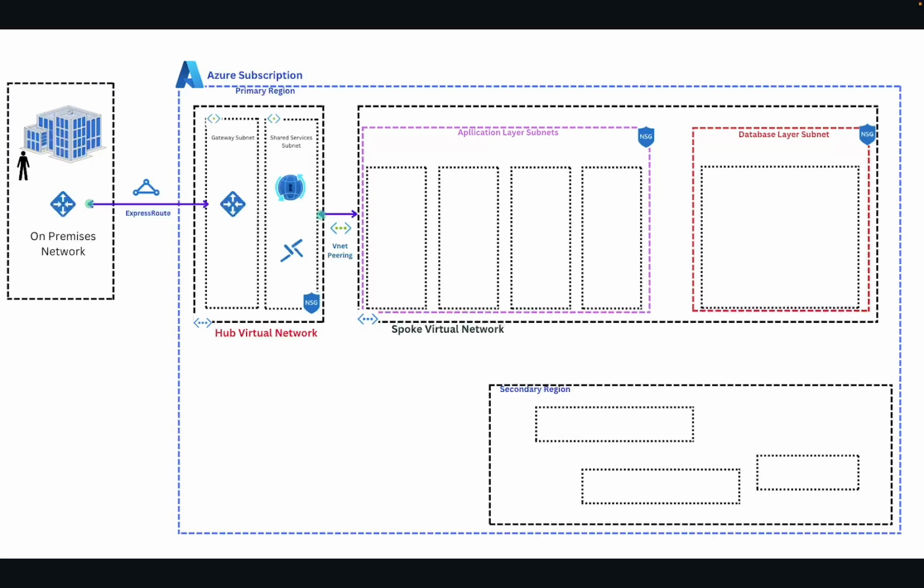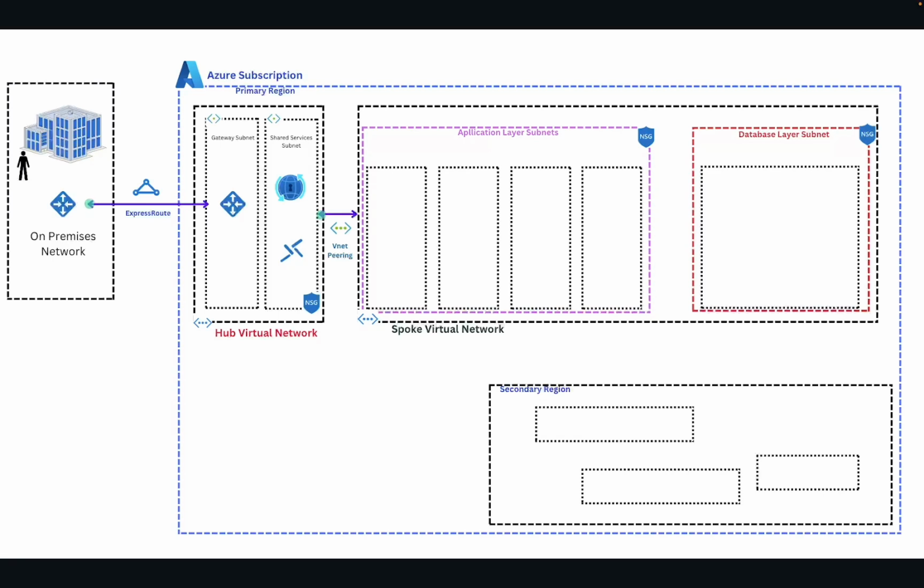In an NSG, you can define rules which filter traffic, and hence you can control which traffic, inbound and outbound, can flow in and out of the network, basically from the subnet. NSGs can also be attached to VMs, but it's preferable to attach an NSG to a subnet. It makes the architecture much simpler. We create a secondary region in another VNet and subdivide it into subnets to create a disaster recovery setup.